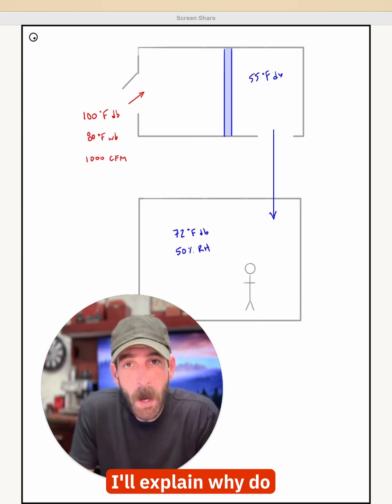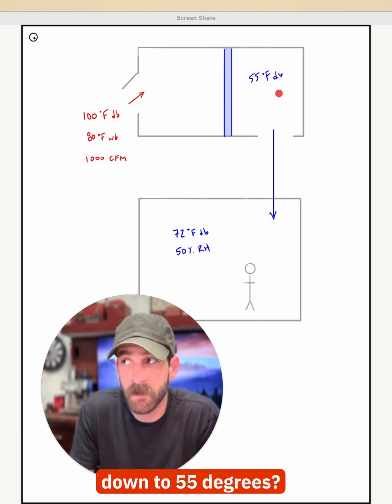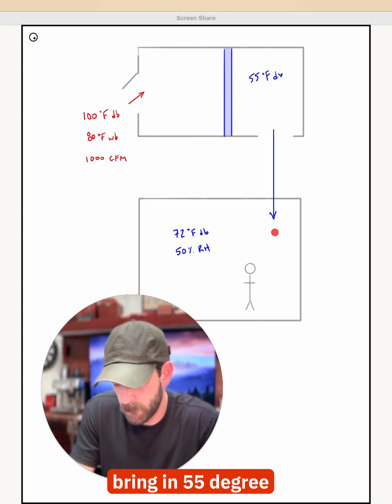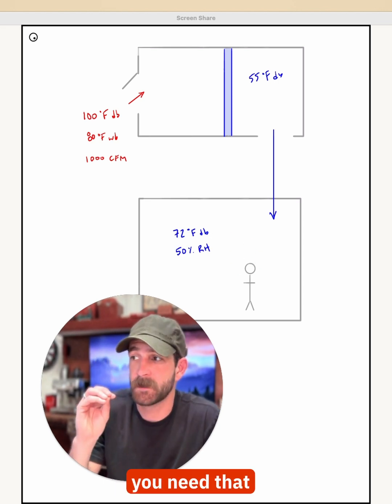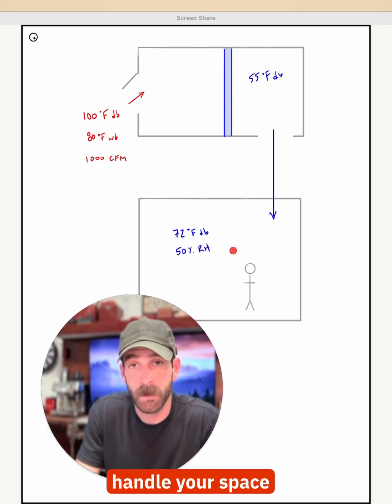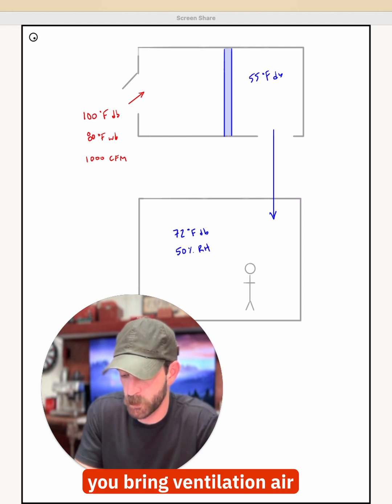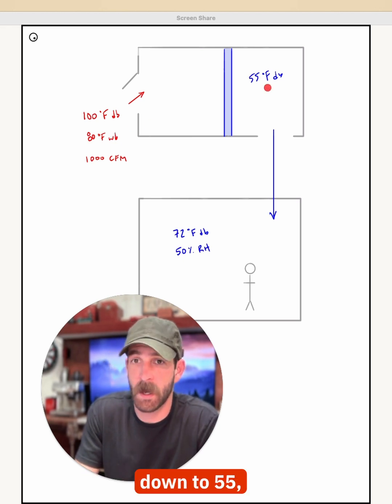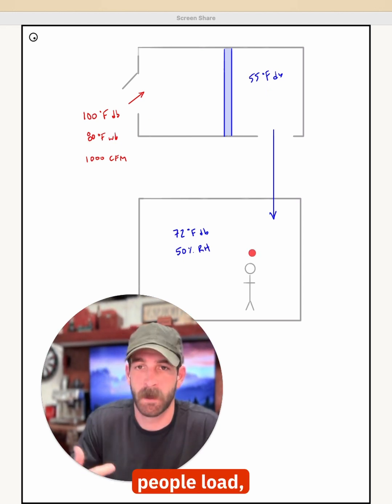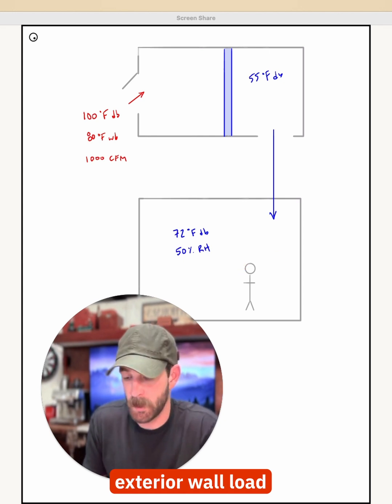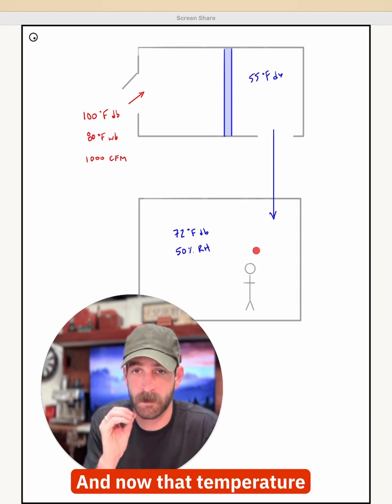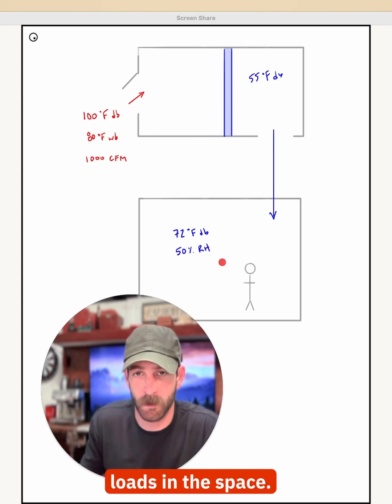I'll explain. Why do you condition it down to 55 degrees? The reason you bring in 55 degree air to a space is because you need that temperature difference to handle your space sensible loads. And so when you bring ventilation air down to 55, you're already contributing to the people load, lighting load, exterior wall load by subcooling it, and now that temperature difference can address the other loads in the space.